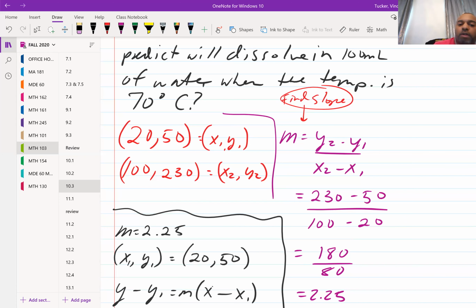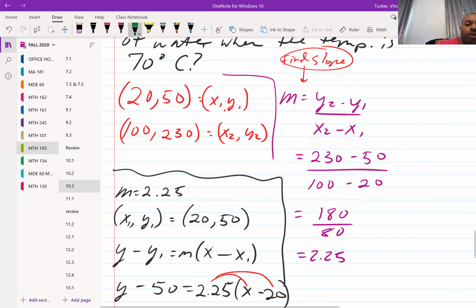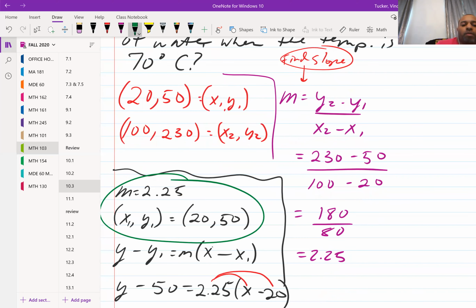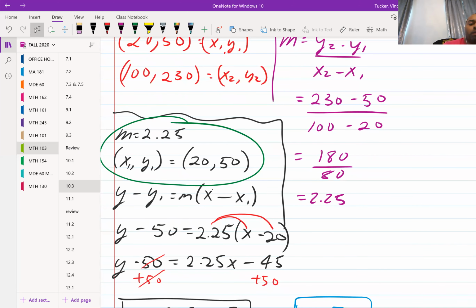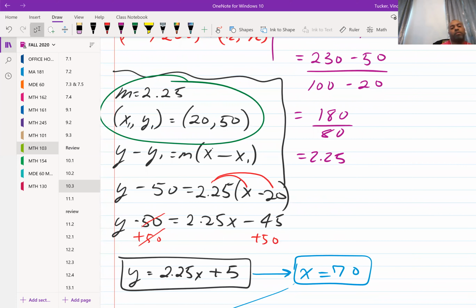All right, so now that we have our slope, 2.25, and we have our point, you can use either one of those points, and you'll still get the same equation. I decided to use the one I've already called X1, Y1. You plug them into the equation, so that'd be y minus 50 equal to 2.25 times x minus 20.